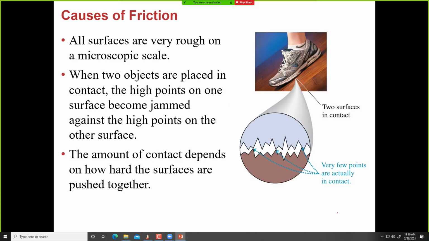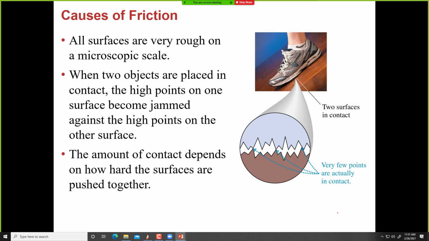So no matter how smooth an object looks in bulk, or at the macroscopic level, at the microscopic level, they are not smooth. They are very rough.